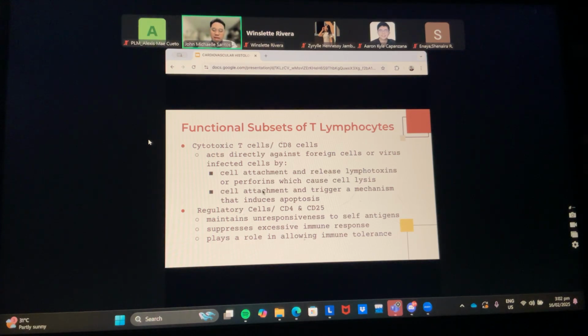Yung mga granzymes, mga lymphotoxins para sirain yung mismong cells or virus-infected cells or mga cancer cells. So regulatory cells like your CD4 and CD25, they maintain unresponsiveness to self-antigens and suppress excessive immune response, which plays a role in allowing immune tolerance para hindi ka magkaroon ng autoimmune diseases.